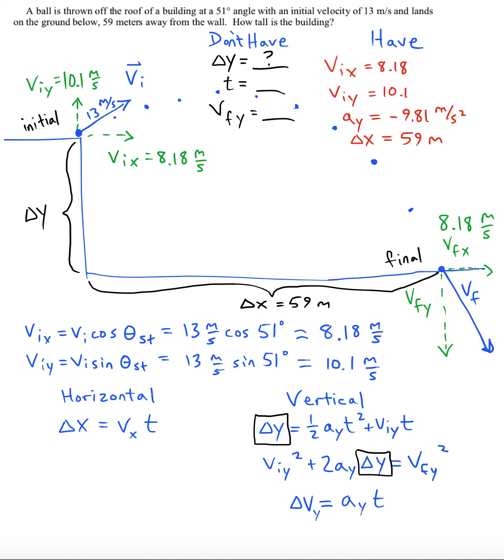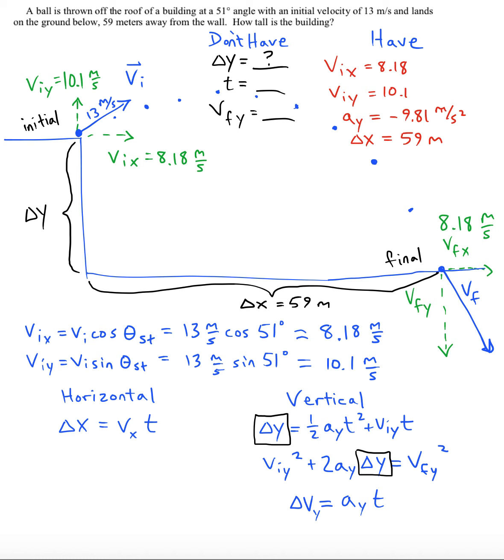Now, by process of elimination, eventually we're going to find a formula that could take us to the next step. And that next step might not be delta y. All right, so according to this analysis, we cannot go directly to delta y through the vertical dimension. We can't do any of these formulas right now. So we've realized that we actually picked the wrong dimension to start the problem with.